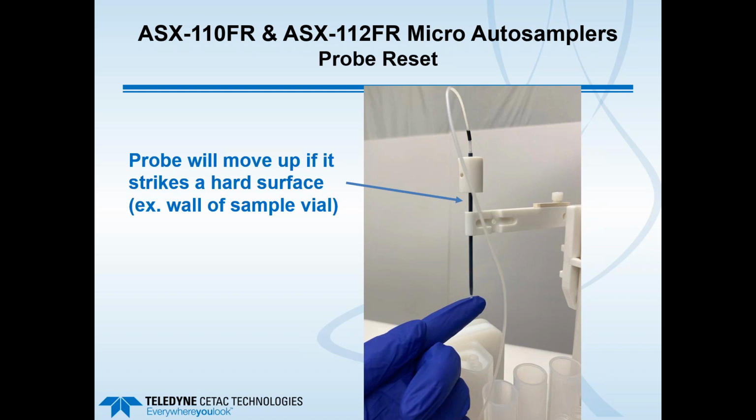So this is denoted by use of just a gloved finger for illustrative purposes. But if the probe does strike a hard surface, such as the wall of a sample vial, in case a vial is misplaced or the autosampler is not in alignment, this will simply push up, and that will prevent bending and possibly irreversible damage to the probe.